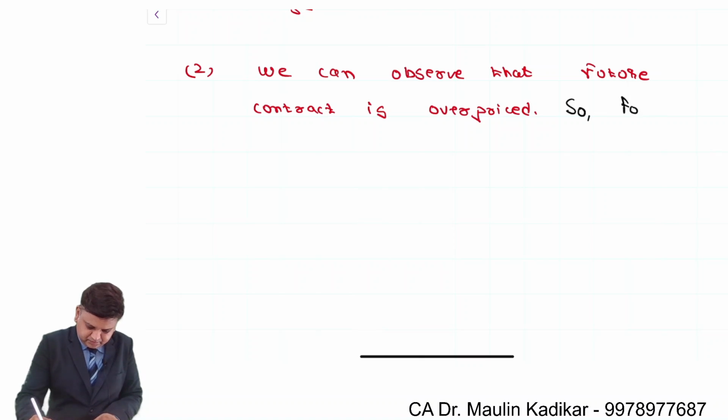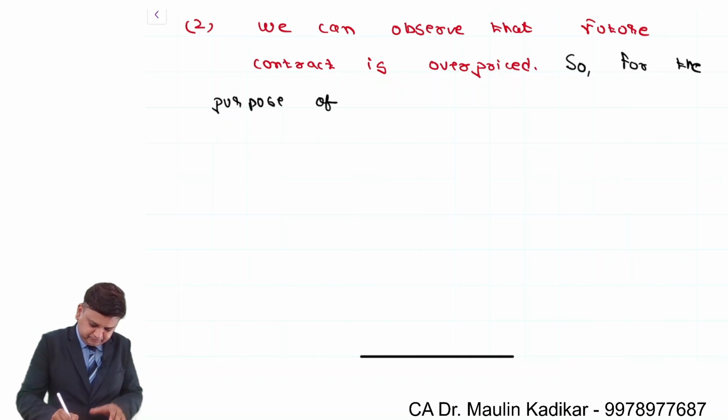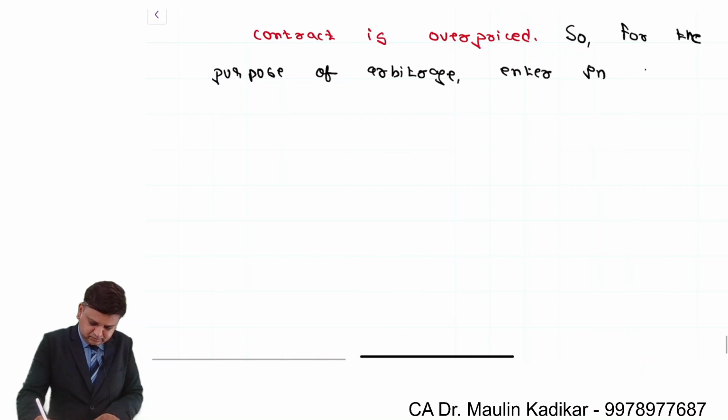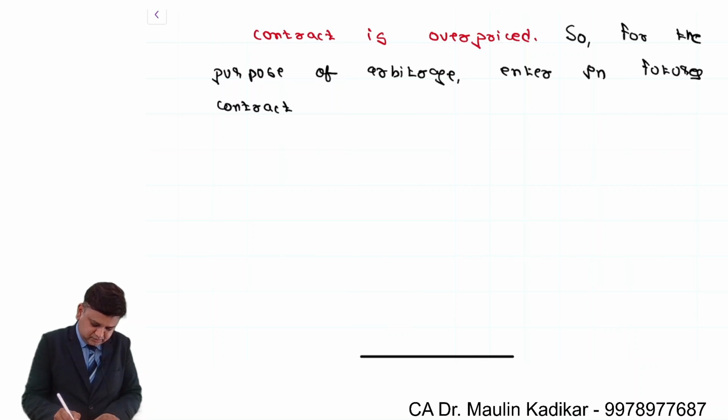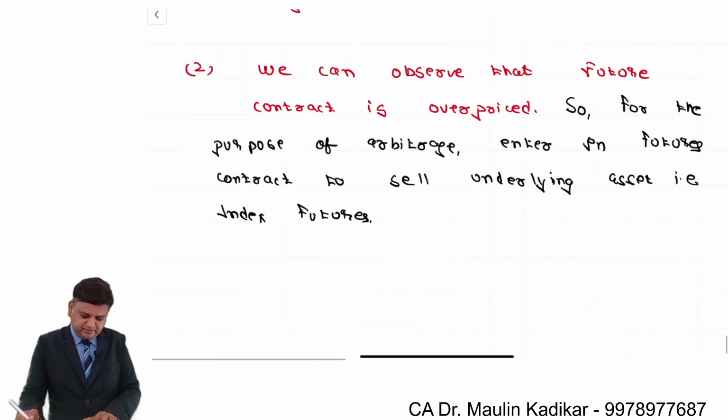So for the purpose of arbitrage, enter in futures contract to sell underlying asset, that is index futures. Full stop.